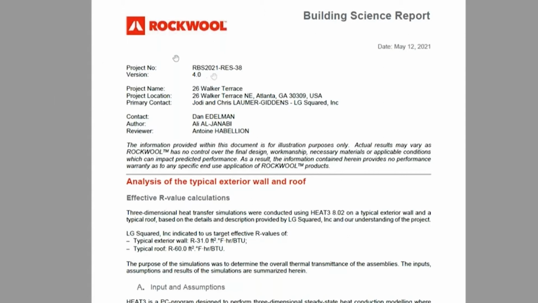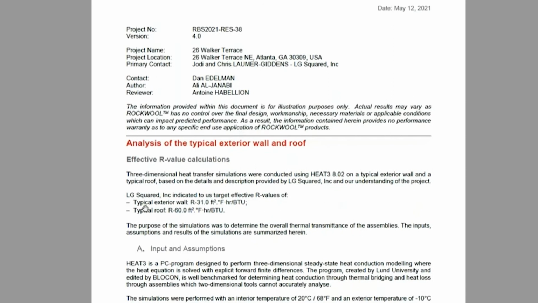As you can see, the beginning of the report is self-explanatory, so I won't jump into that. But this report has two sections. The first section is the thermal analysis. In this section, we listed the targeted R value. Chris indicated to us that the target R value for the walls needs to be around 31, and for the roof is 60.